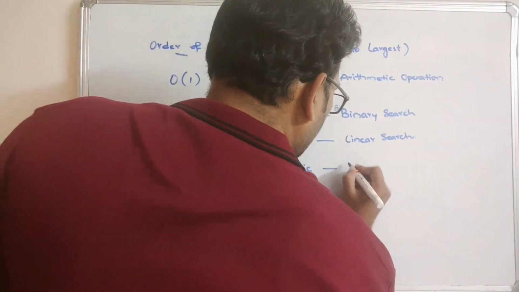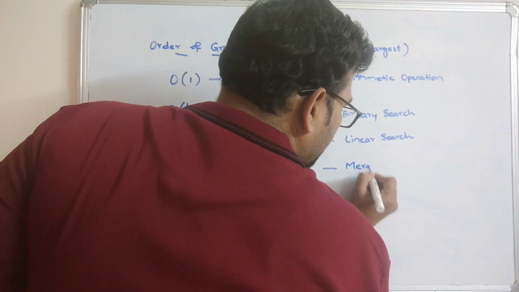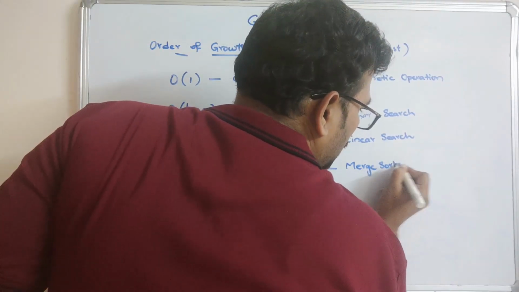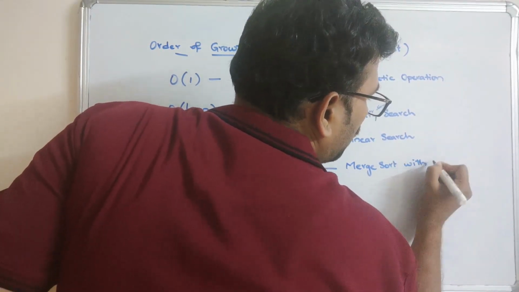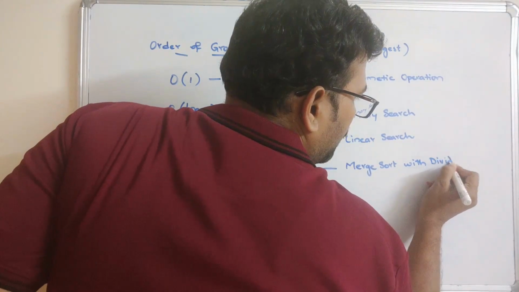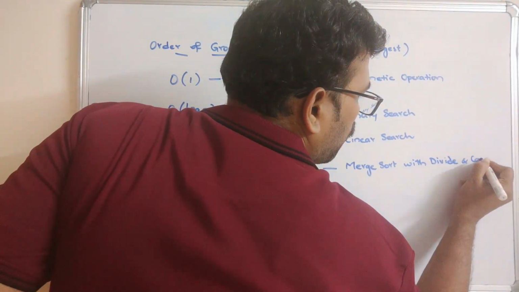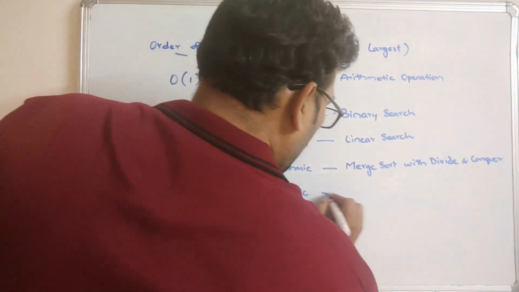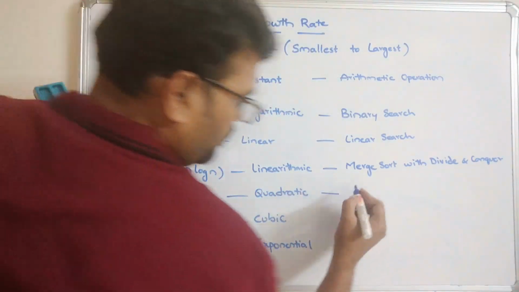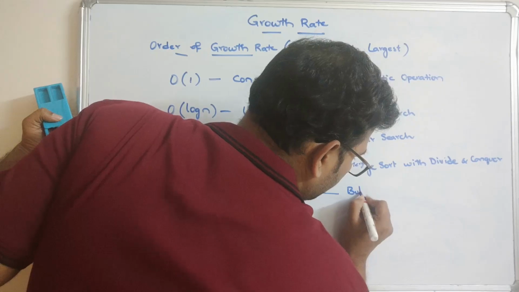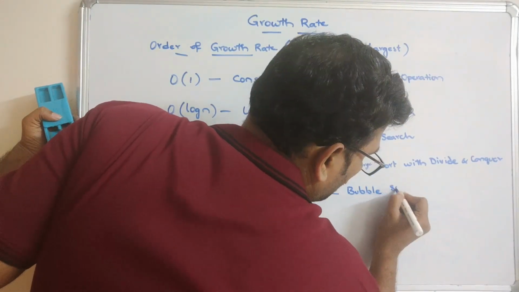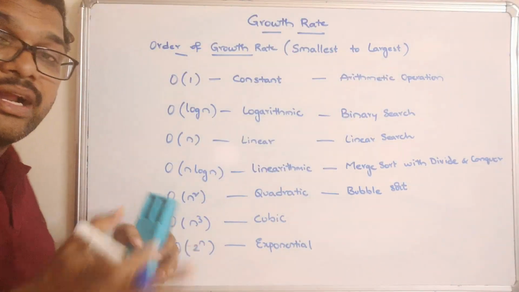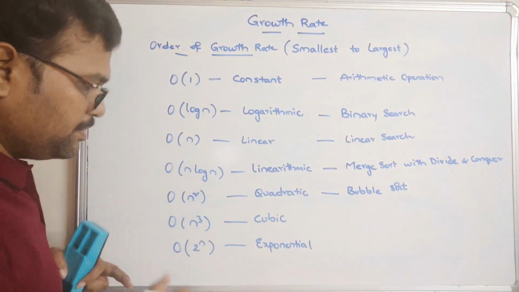And n log n, we can say it's merge sort with divide and conquer. And quadratic, we can say it's bubble sort, where we are comparing two consecutive elements.